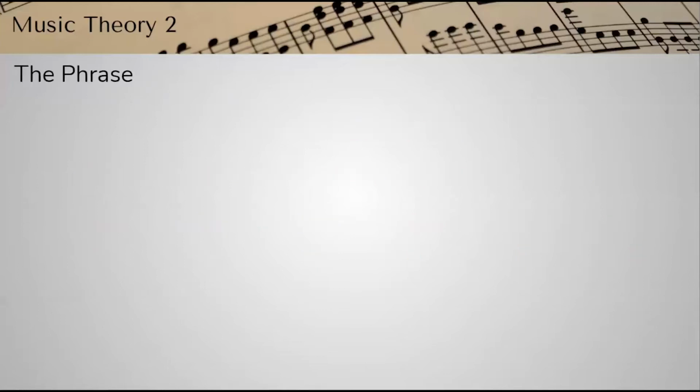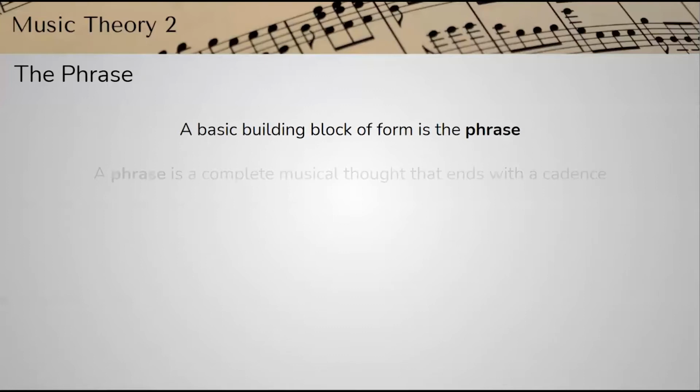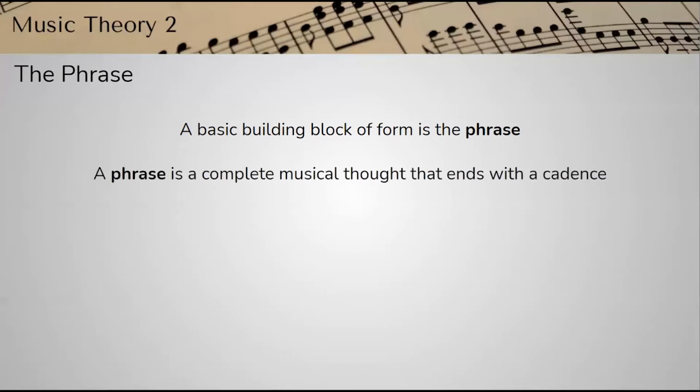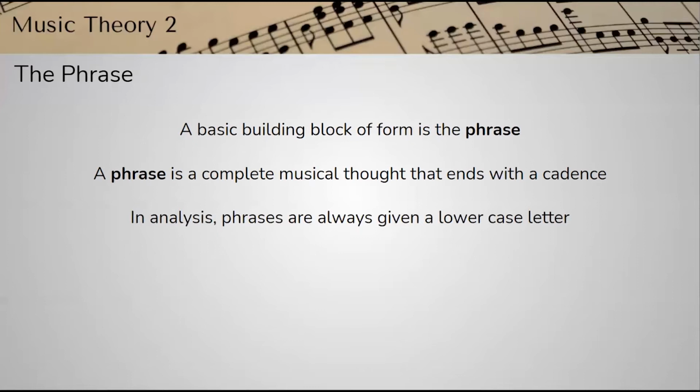Now let's remind ourselves of what we'll really be analyzing, which is the phrases. And so you recall, a basic building block of form is the phrase. And a phrase is a complete musical thought that ends with a cadence. We've already talked about this. In analysis, phrases are typically given a lowercase letter, okay? So something like the lowercase a here.